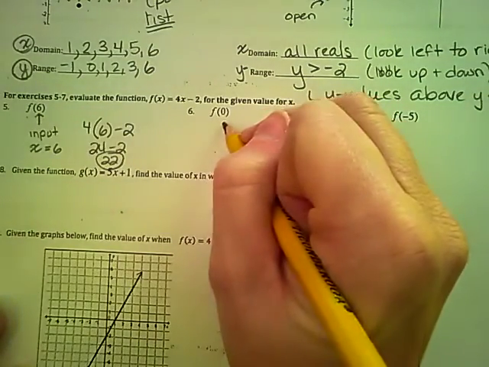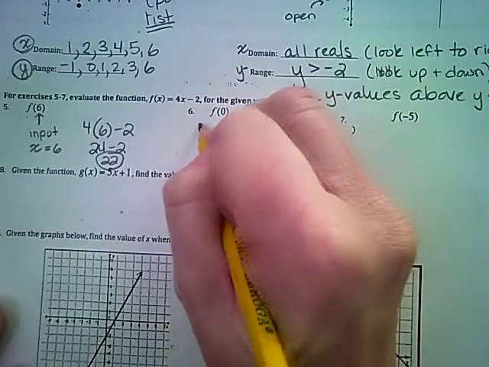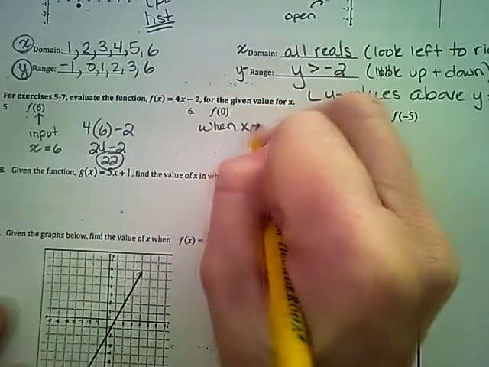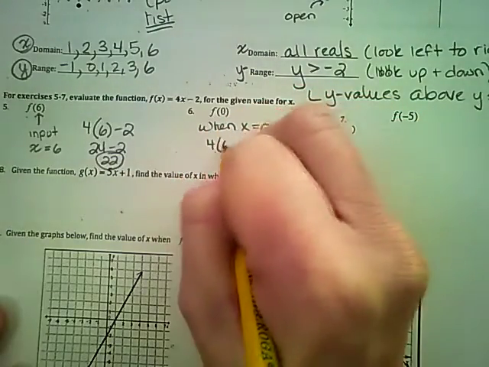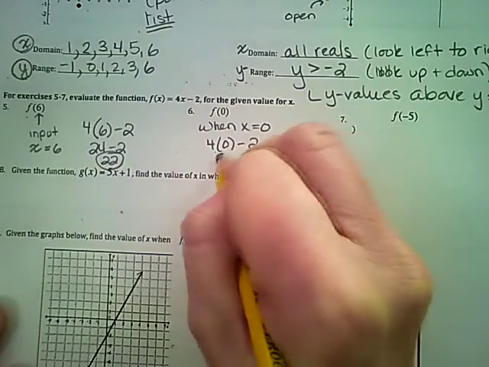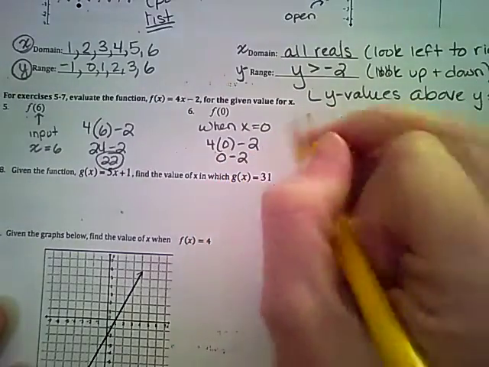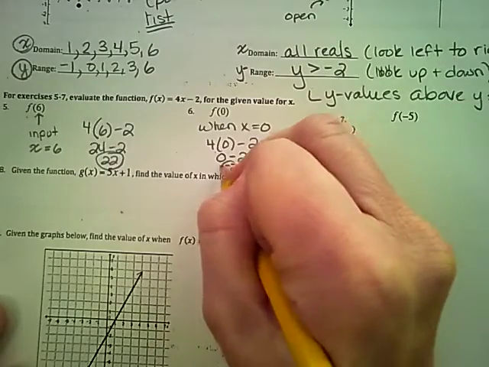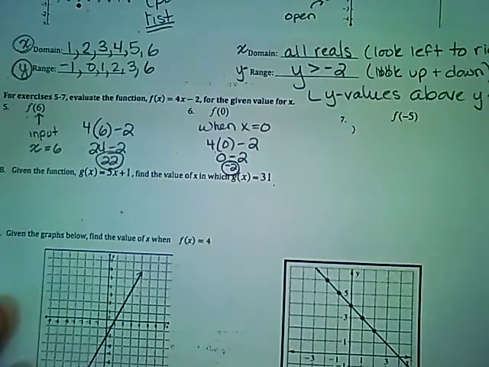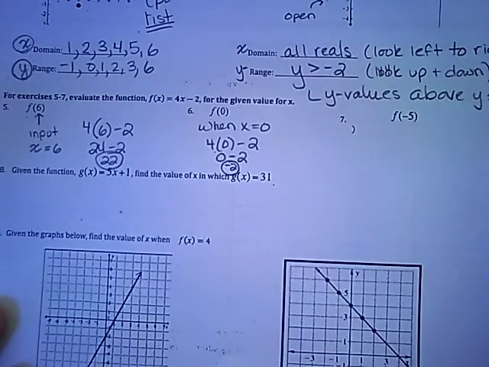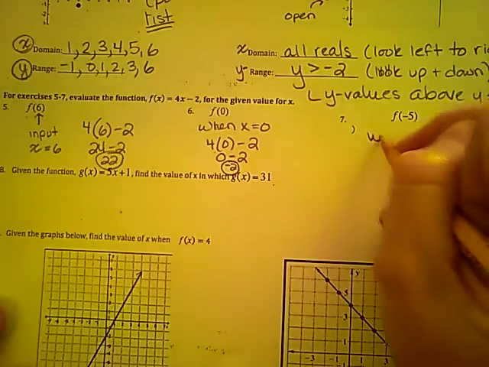F of 0. That means when x equals 0. 4 times 0 minus 2. 0 take away 2 is negative 2. F of negative 5.